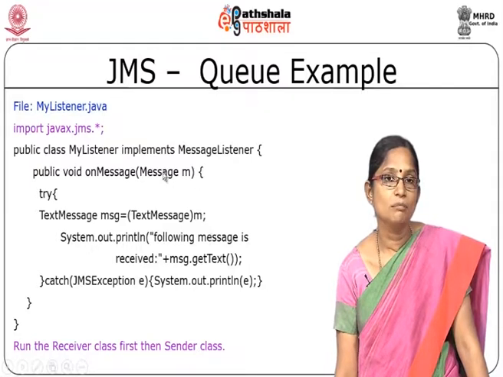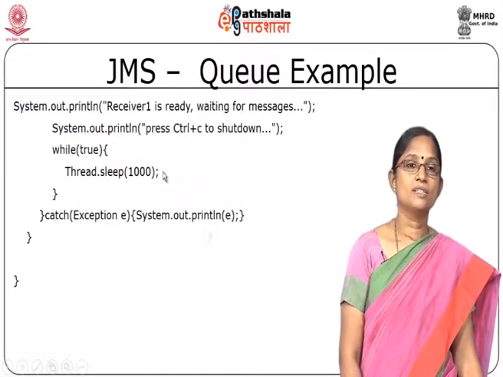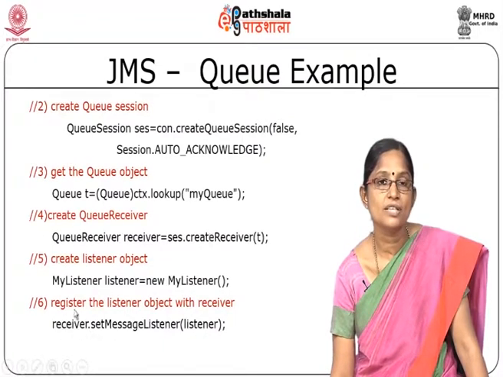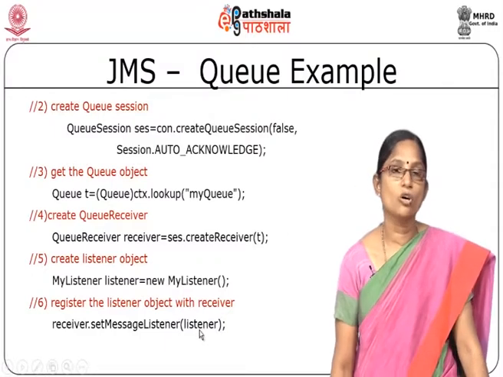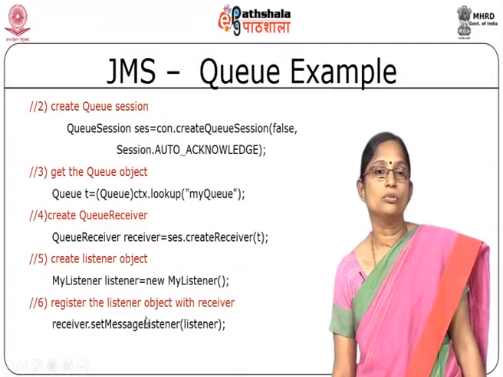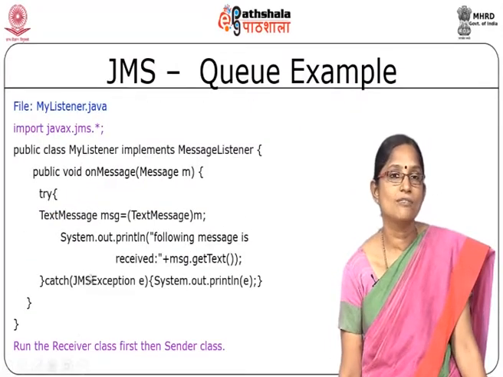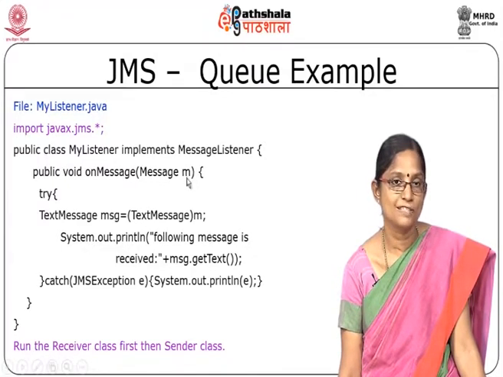This m is nothing but the message that has been received from the receiver object. Through setMessageListener, the handle for the receiver object is passed on, and it has been received through the variable m, which belongs to the Message type.